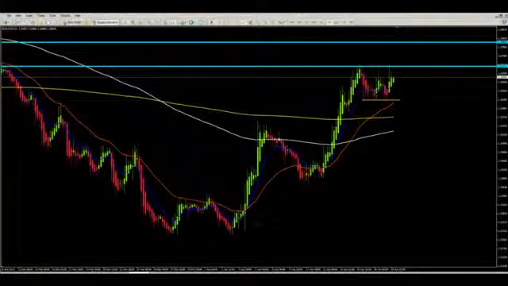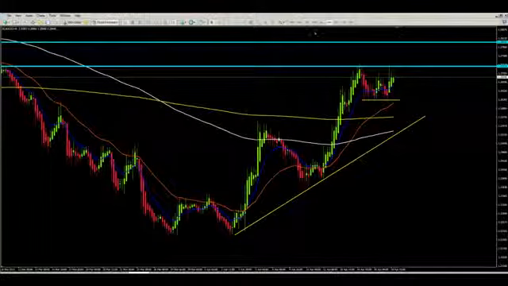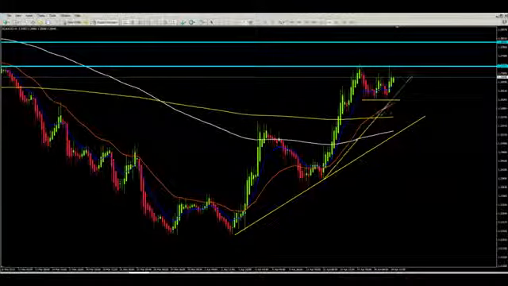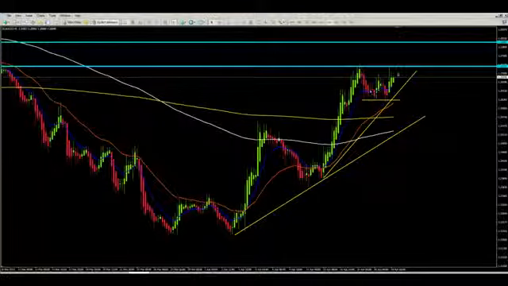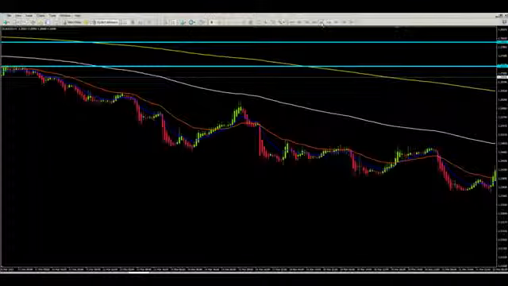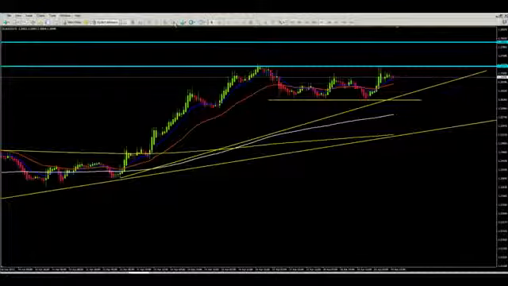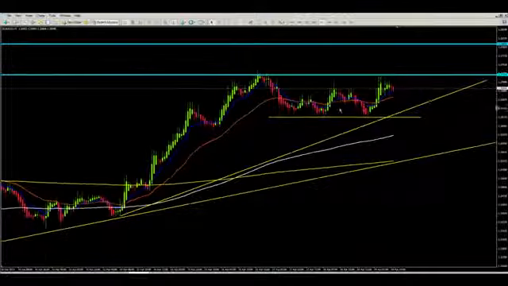On the 4-hourly chart we have resistance, and the other line you can draw is that one. So the price is squeezed between support and resistance, and if you switch to a lower time frame like the 1-hourly chart, you see that the price is a little bit in trouble there.